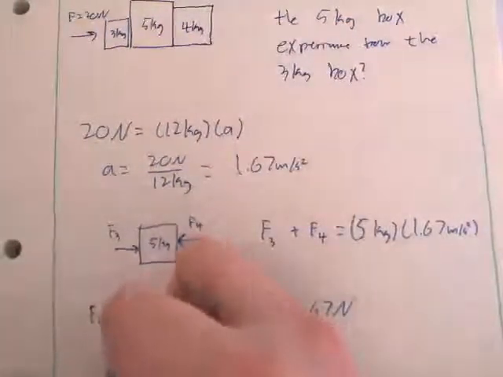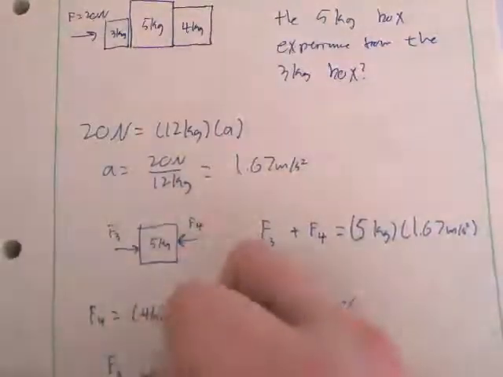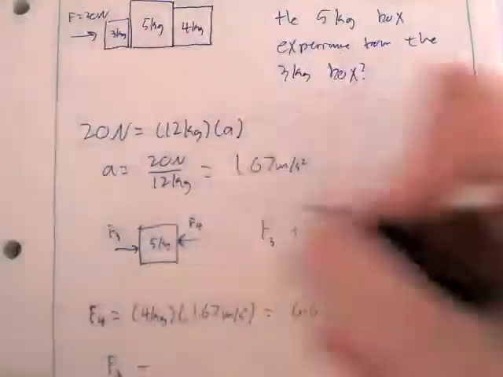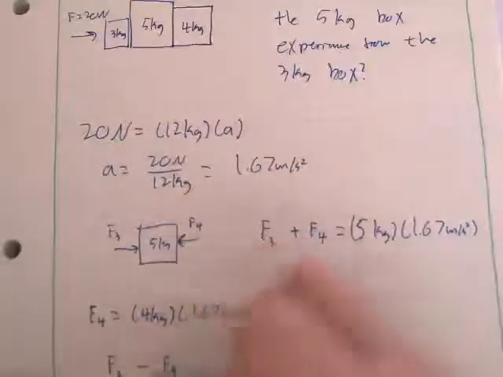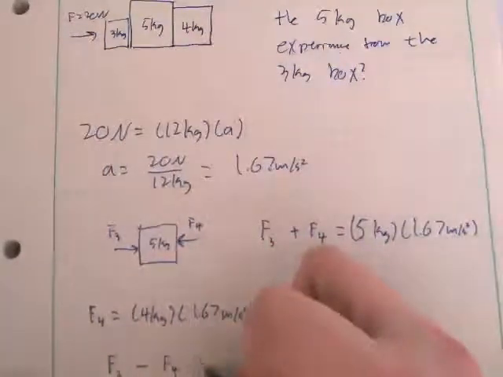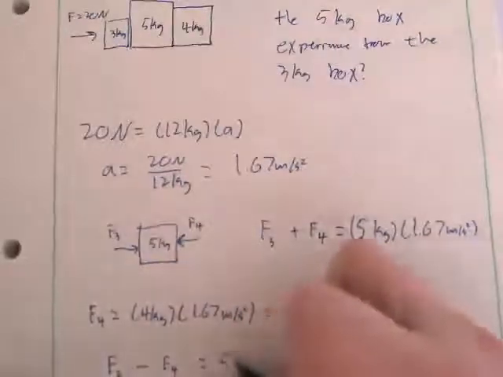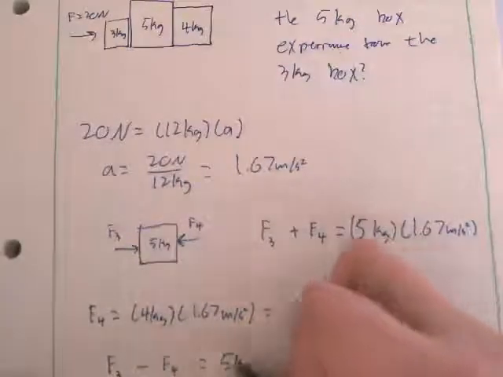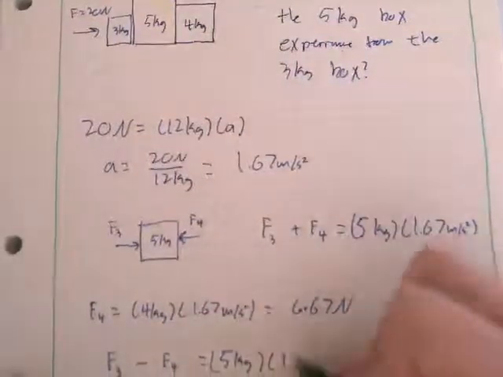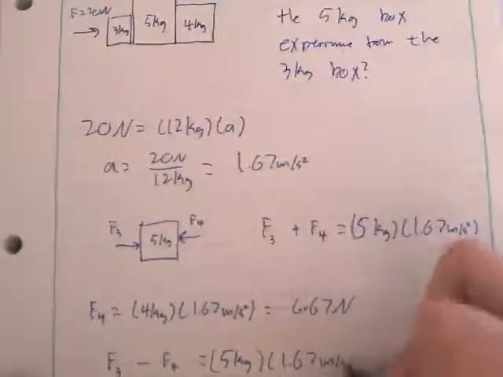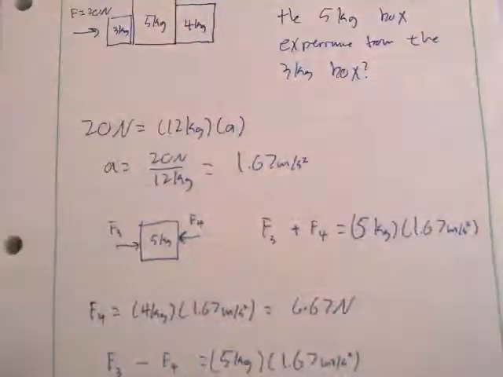So now we can write the force from box 3, just go back and plug stuff in here, minus the force from box 4, which we know is 6.67. This has got to be equal to our m times a, our 5 kilograms, times our 1.67 meters per second squared acceleration.